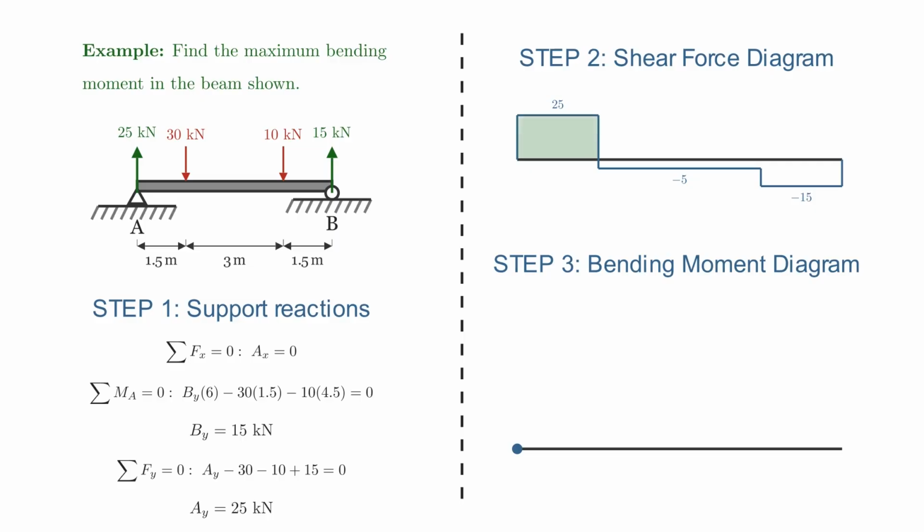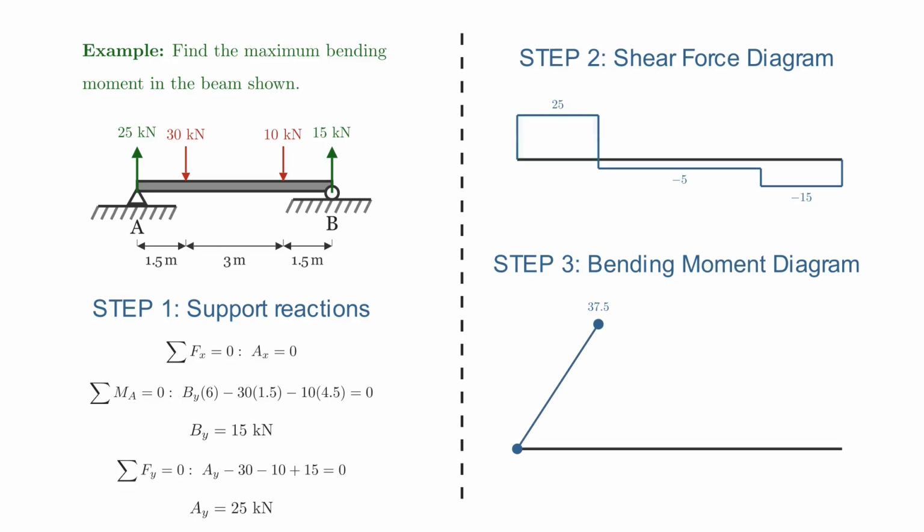This area is 25 kilonewtons multiplied by 1.5 meters, which is 37.5 kilonewton meters. So at the 1.5 point, we have 37.5 kilonewton meters.